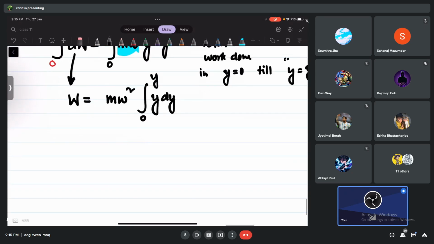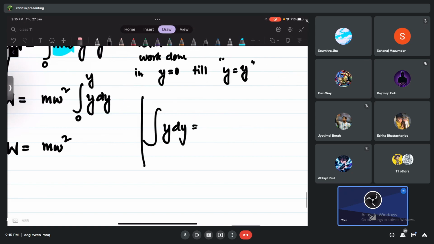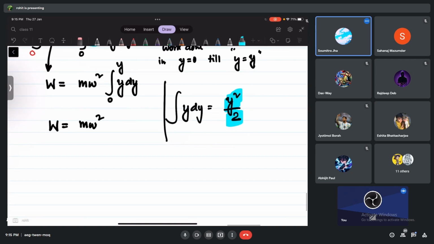Directly also I think you can tell me without the limits. I'll get the answer, no? m omega square. What is the integration of y dy? The answer is y square by 2. Increase the power and divide by the increased power. We have been doing it. So this is the formula for your integration.